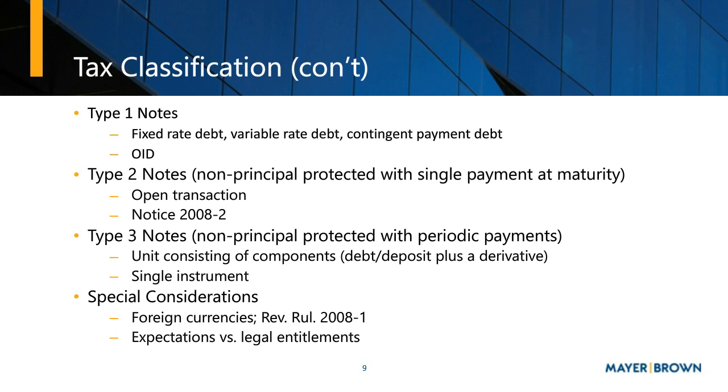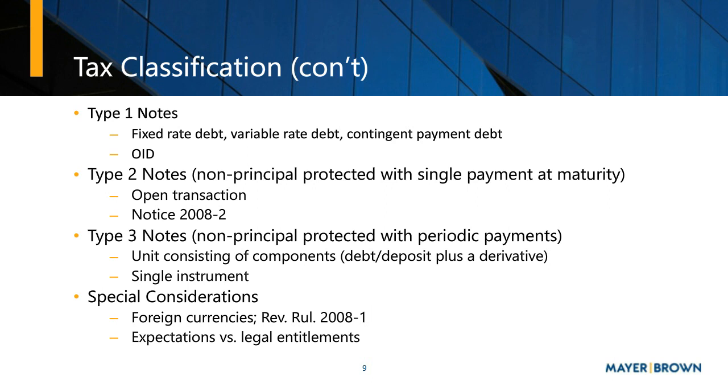And so at this point, we know there's a whole set of tax rules and regulations that address the tax treatment of debt instruments. And so the note can either be a fixed rate debt, it can be a variable rate debt instrument, it can be a CPDI, a contingent payment debt instrument. And all of these different instruments could have original issue discount come with it.